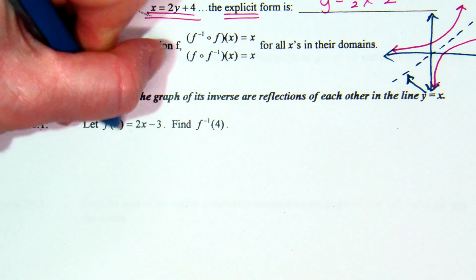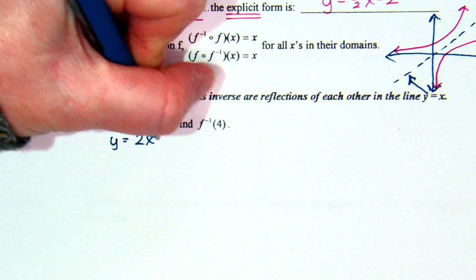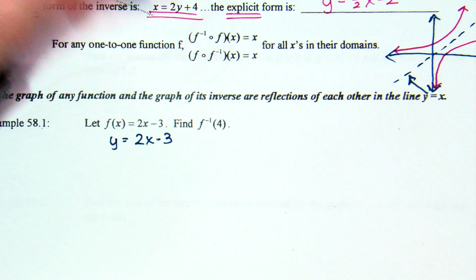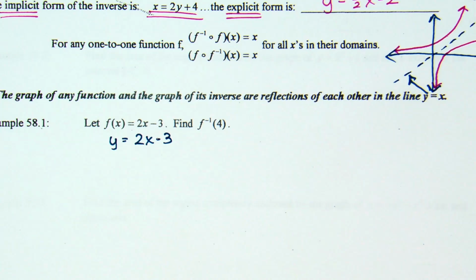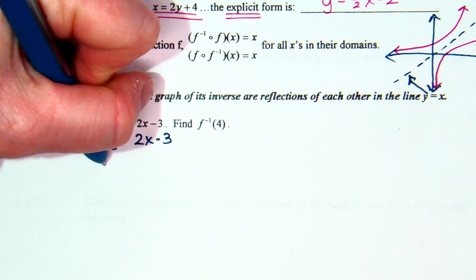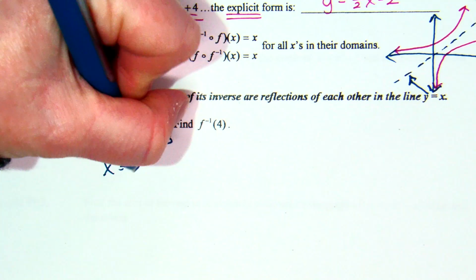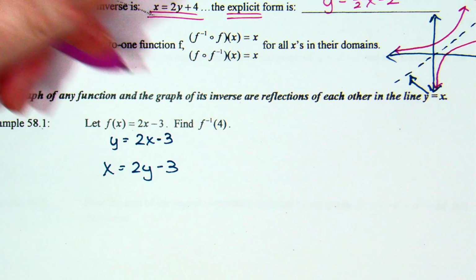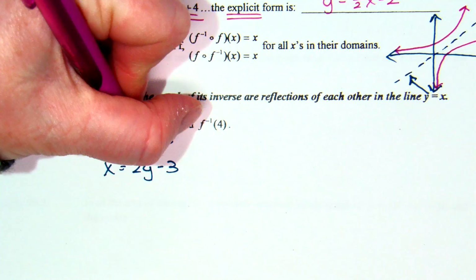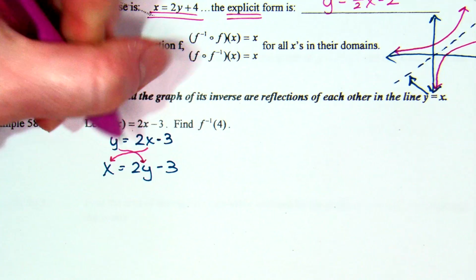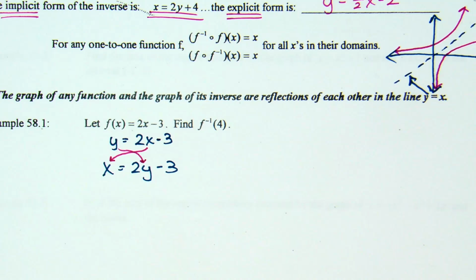Realizing that f of x is y, really this equation is y equals 2x minus 3. If we switch it, it becomes x equals 2y minus 3. And then after I switch, solve for y.